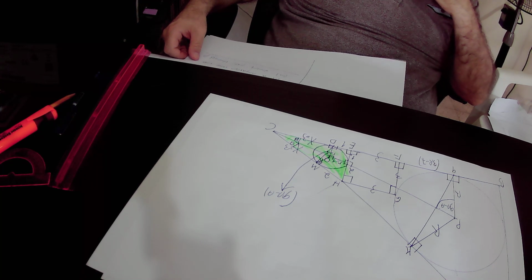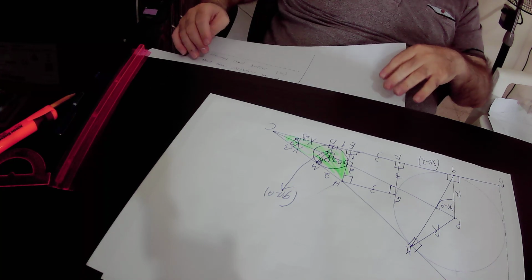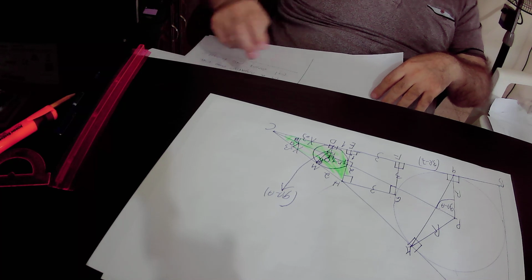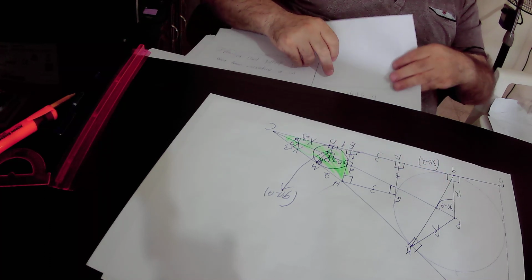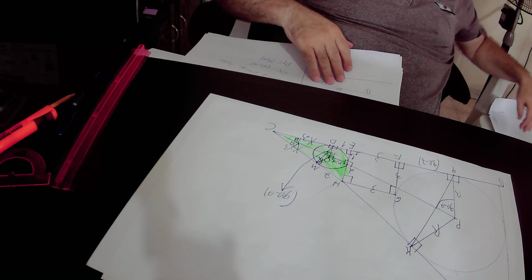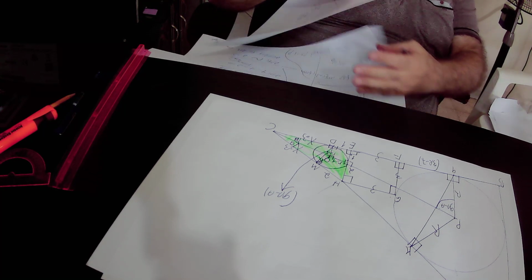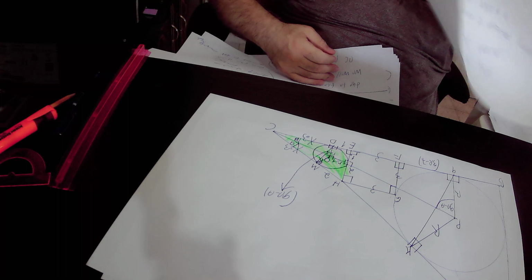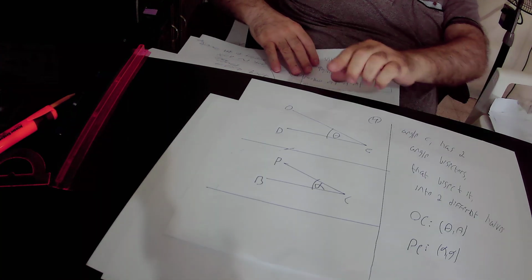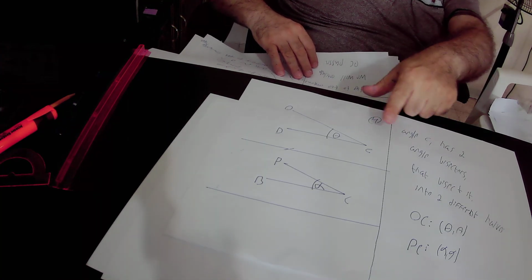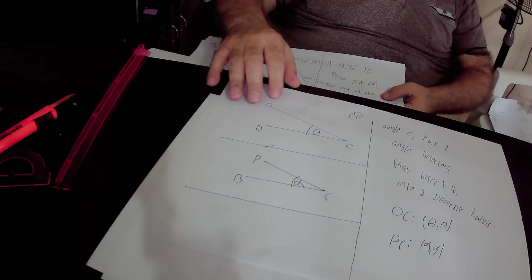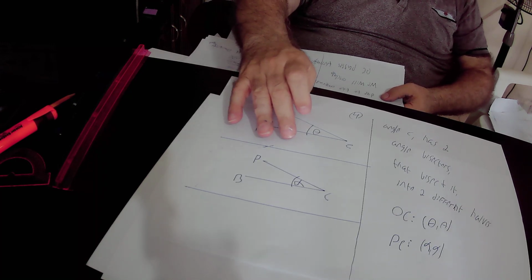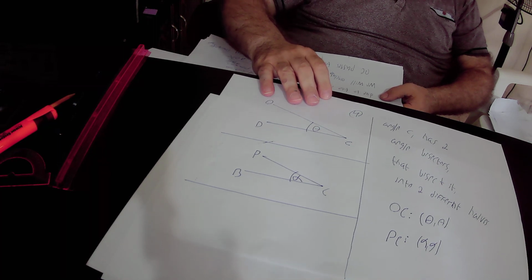in a negative way. We assumed that CO doesn't pass through point P. Okay, if CO doesn't pass through point P, then we will have angle OCD that is equal to theta, and we will have angle PCB that is equal to alpha. Why?